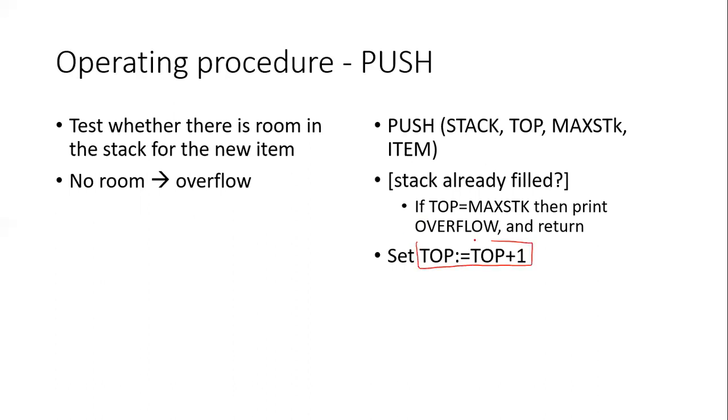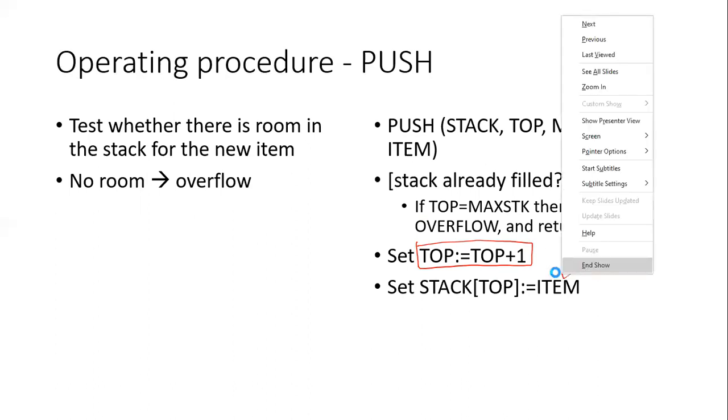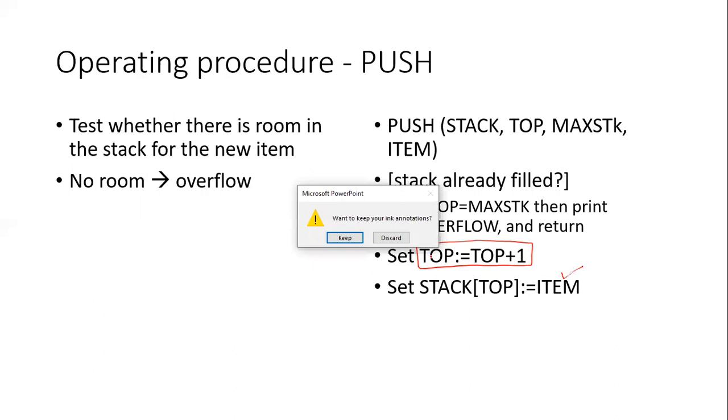Top is basically a location pointer, so incrementing it will point to the next location. So top plus 1. Then the new value to be loaded is in the item, and this value will be loaded here.